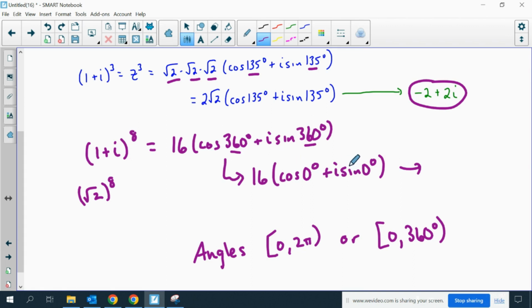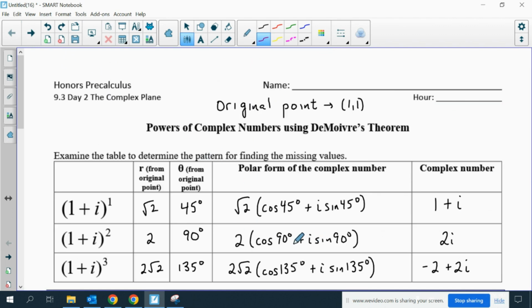If I wrote this in regular complex form, cosine of 0 is 1, sine of 0 is 0, so my answer is just 16, which would be the point (16, 0) on the coordinate plane. So that's kind of why all this works.